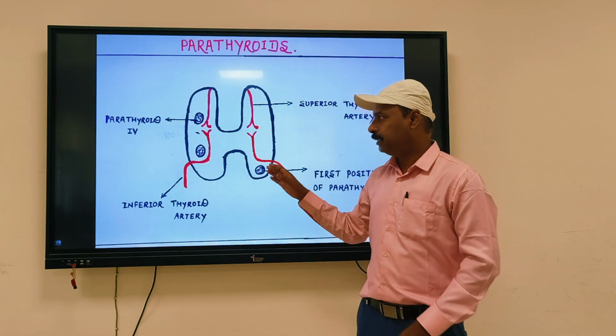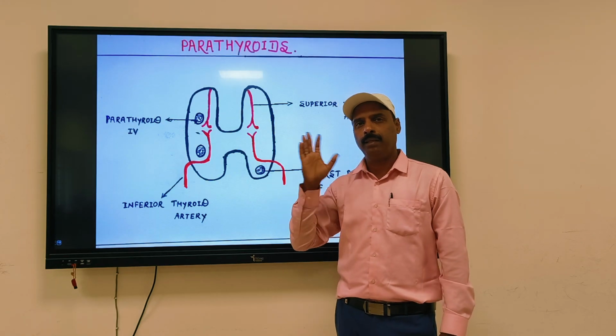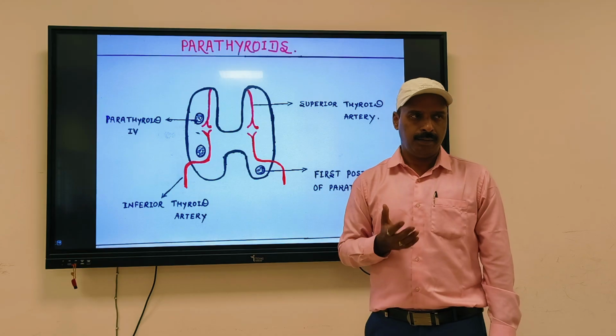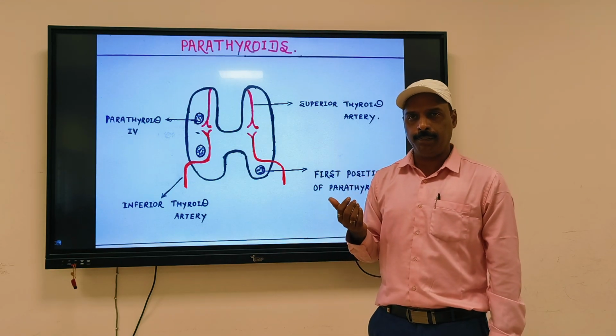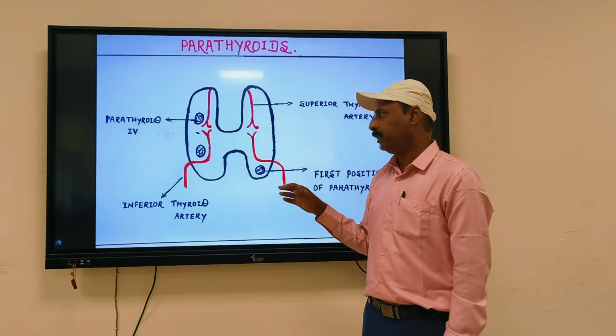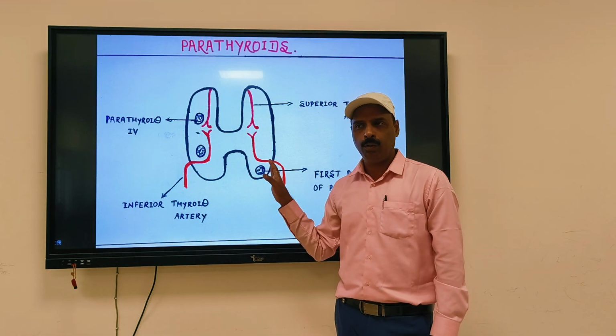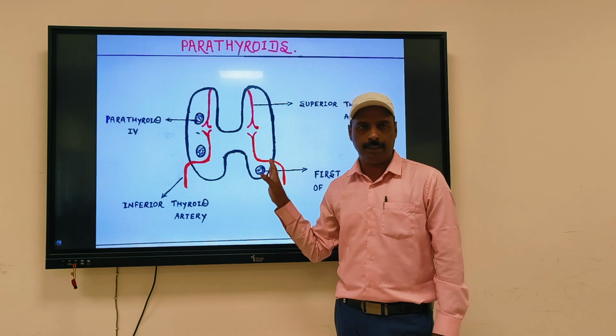So thyroid and parathyroid hormones have opposite actions. They both belong to calcium metabolism, but they make opposite actions. So it is very important that you know about the thyroid and parathyroid.